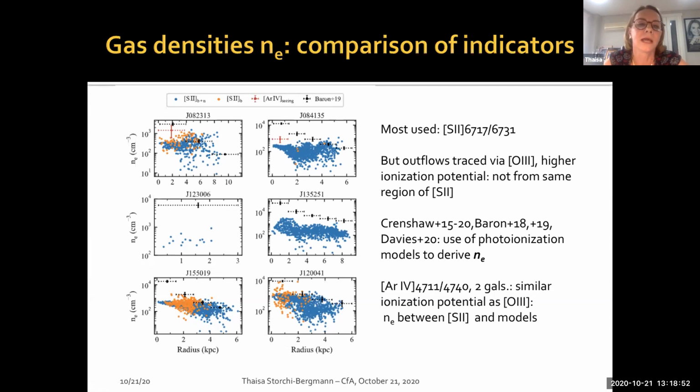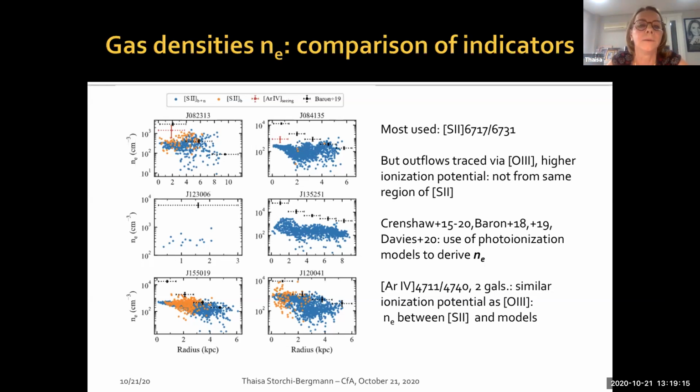The argon line, whose ionization potential is more similar to O3, should be a better tracer. And indeed, for the two cases where we have these argon lines, the density seems to be higher than the density from the sulfur lines, but below the one from the photoionization model.